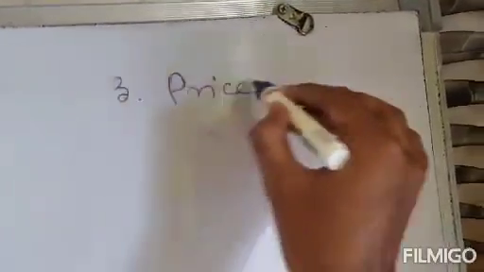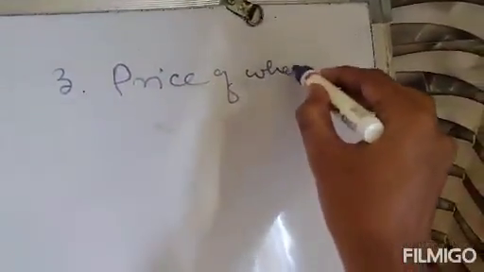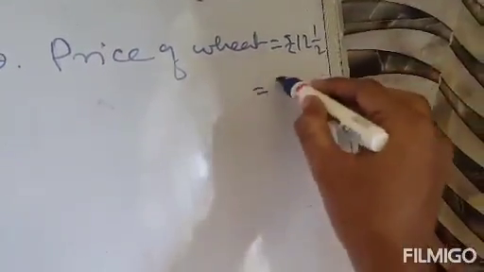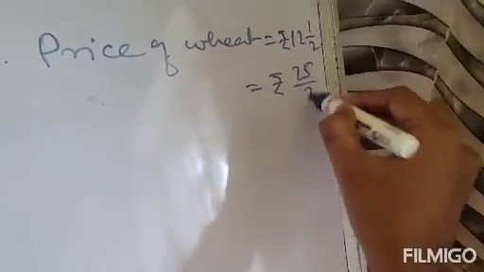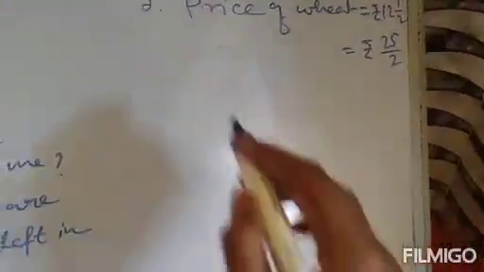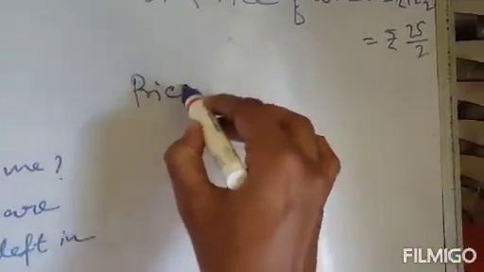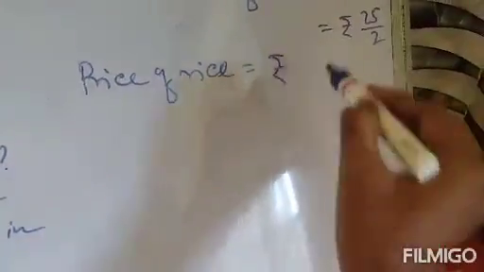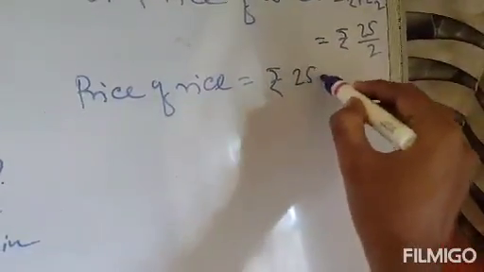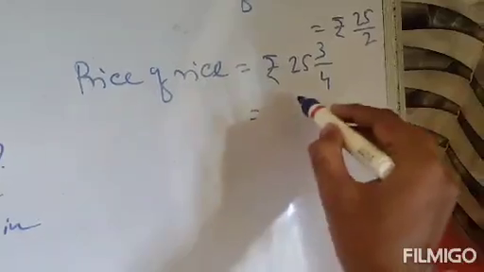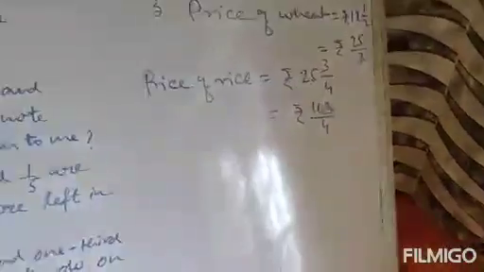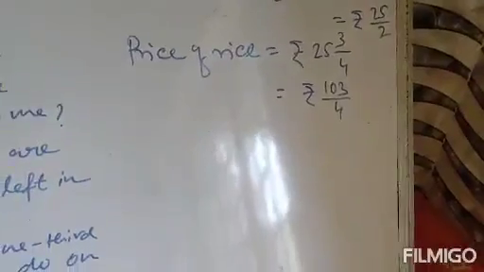Price of wheat equals rupees 12 1/2. So convert this: 25/2. Next, price of rice. It is given as 25 3/4, that means 25 fours are 100 and 3, so 103/4 rupees.